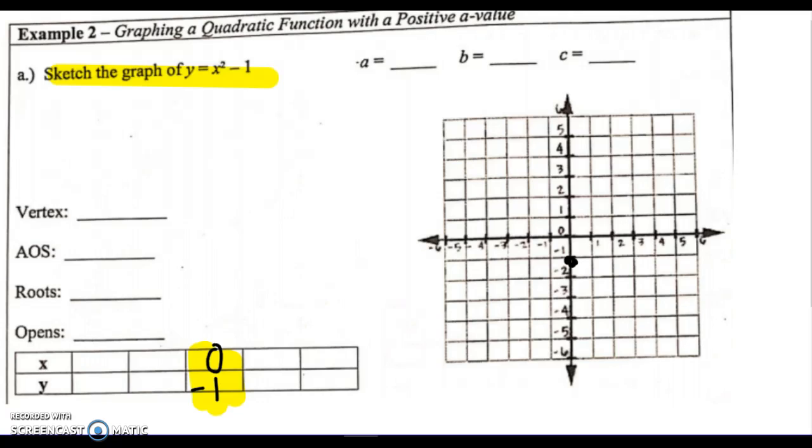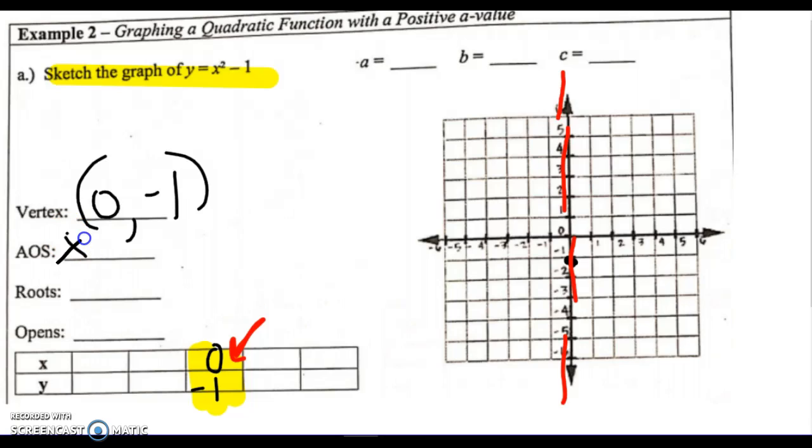That's your axis of symmetry, and the axis of symmetry is always just whatever the x point is. So my vertex was at 0, negative 1, and my axis of symmetry, you always have to have the x, so x equals 0.